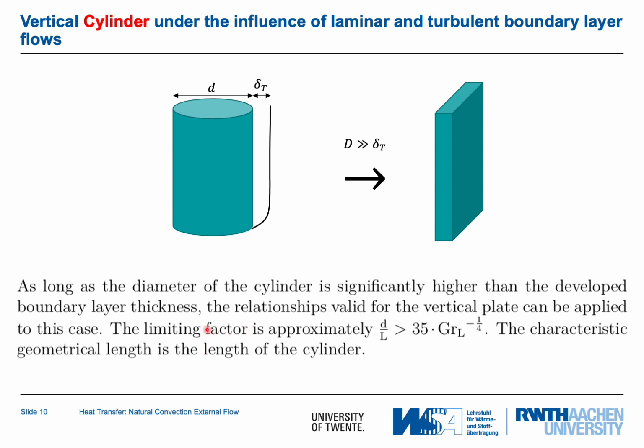And the criterion here, the limiting factor, is approximately that the ratio of diameter over length, where length is the vertical length of the cylinder, is 35 times the Grashof number to the power minus 1 over 4. In that case, we can approximate the problem of natural convection around a vertical cylinder as the natural convection of a vertical plate.